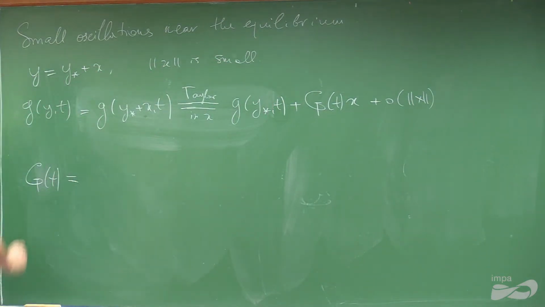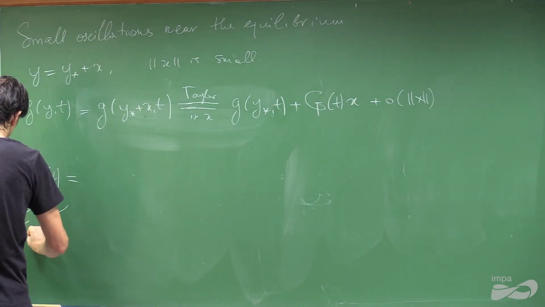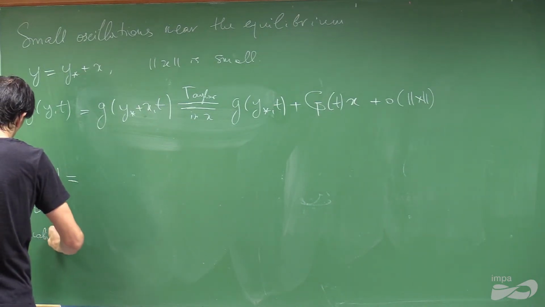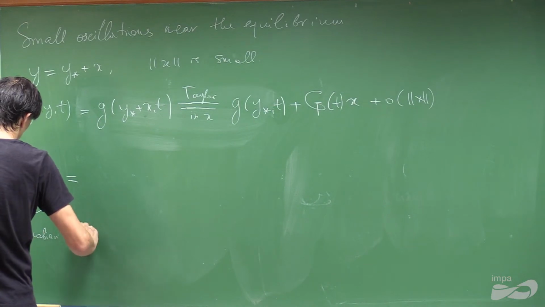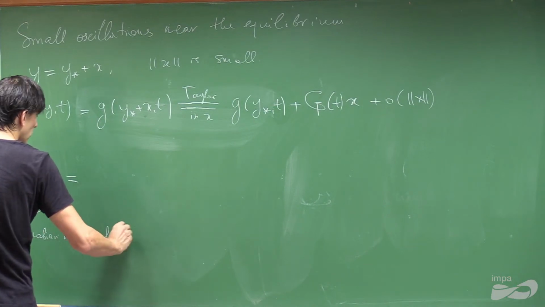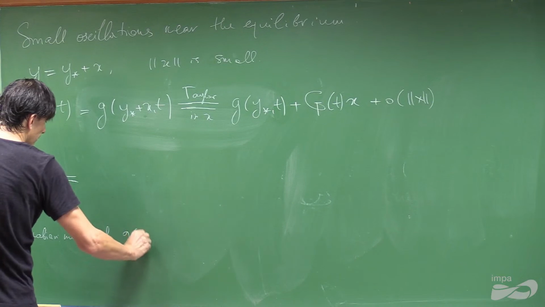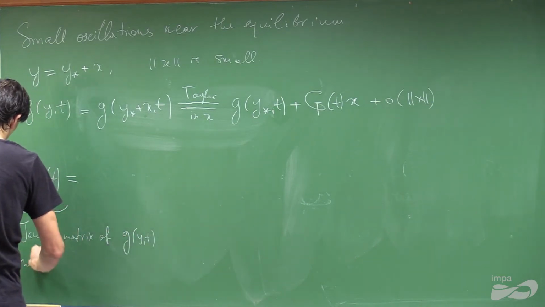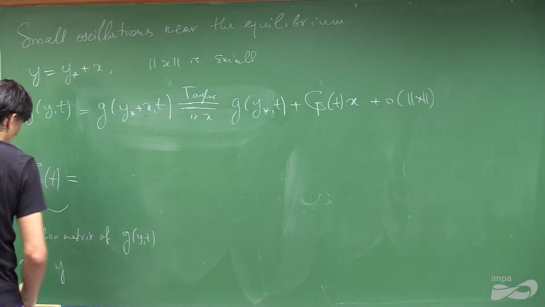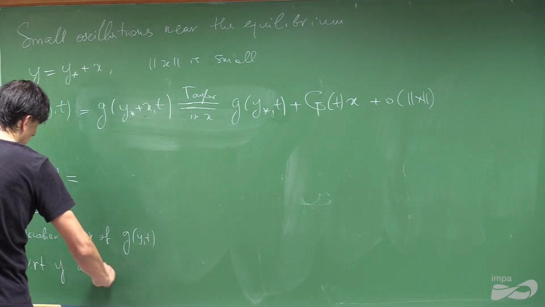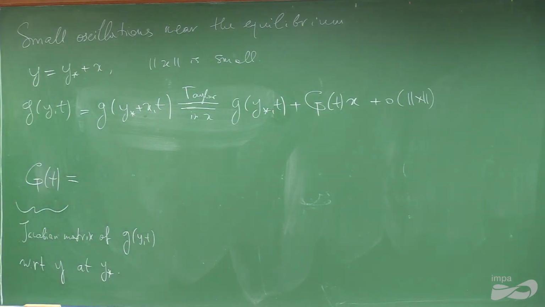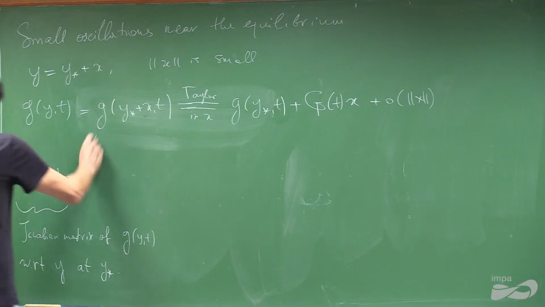So what is this matrix? It is the Jacobian matrix of our function with respect to the y coordinate at the equilibrium. It's a matrix of derivatives.